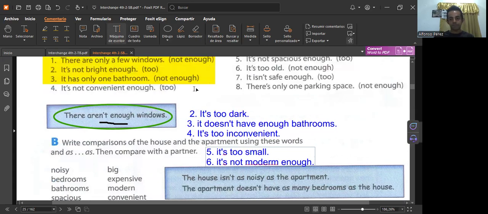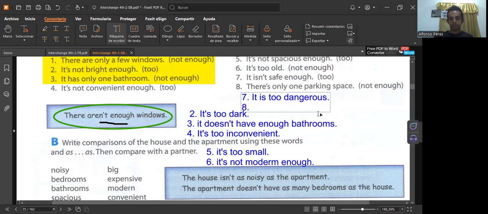Number 7, it isn't safe enough, so it is too dangerous. Number 8, there's only one parking space.